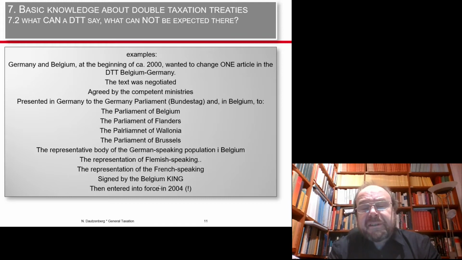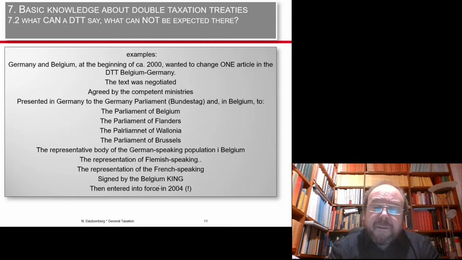Then it was presented in Germany to the German Parliament, the Bundestag, and I probably believe to the Bundesrat too. There, I'm not sure about the legal details. Also, it had to be presented to the Belgian legislative bodies.